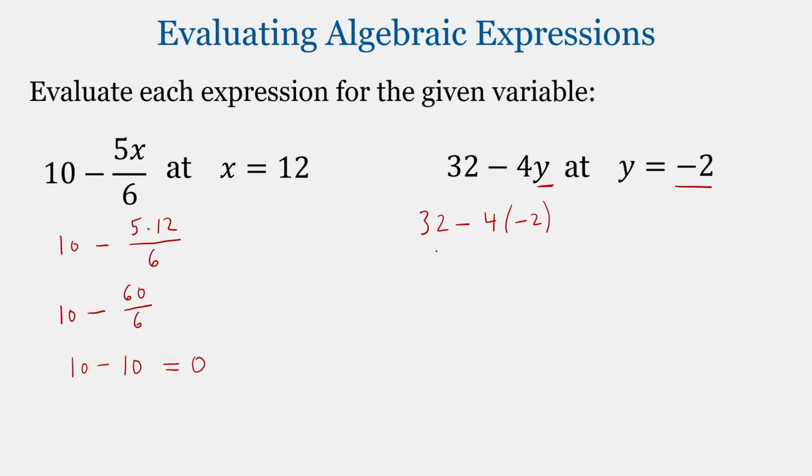So we'll do multiplication first. 32 minus 4 times negative 2, well, that's negative 8. Subtraction of a negative is addition of a positive, so this becomes 32 plus 8, and that is 40. This expression evaluates to 40 when y is equal to -2.